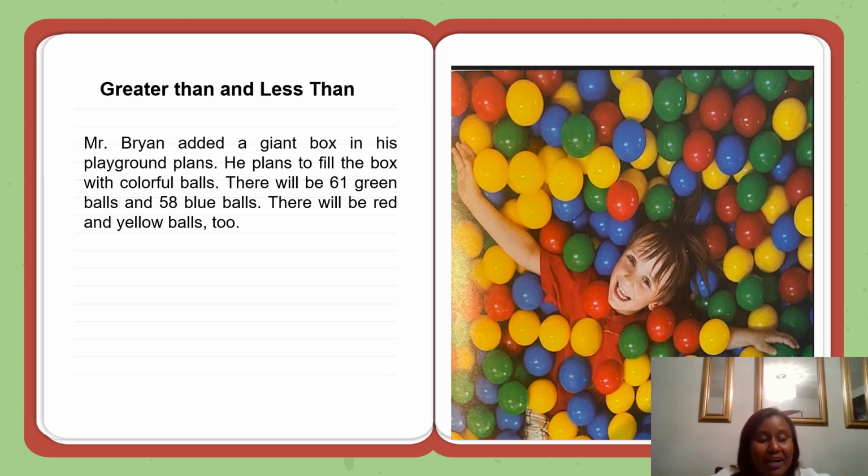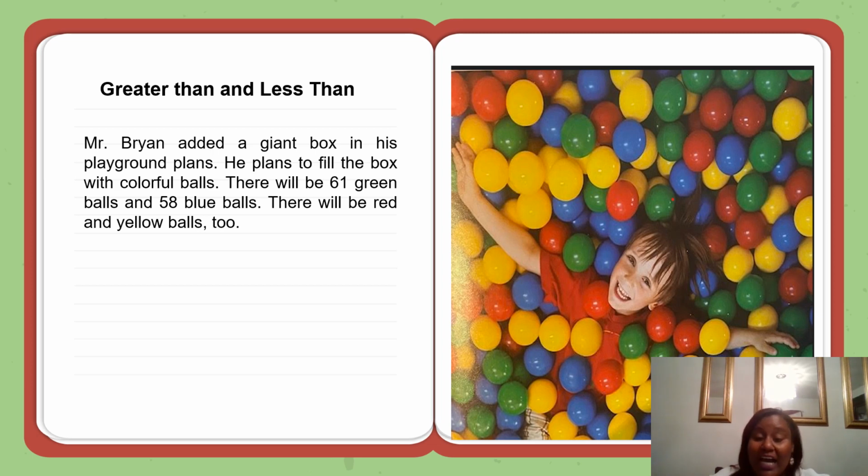Is 61 greater than or less than 58? I hope you said 61 is greater than 58. Why? If you look at the tens place, you will see a 6 in 61 and a 5 in 58. 6 tens is greater than 5 tens. So therefore, 61 is the greater number.